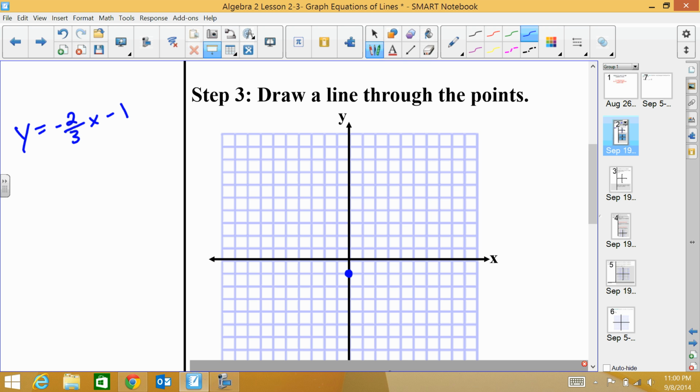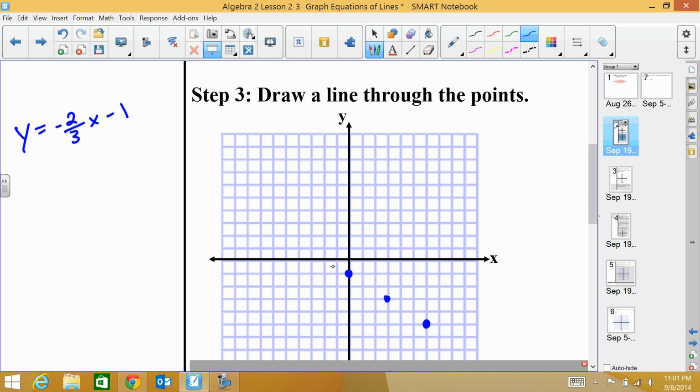Okay, then we're going to do our slope, which is the rise over run. So because it's negative, our rise is down. And then we're going to go right 3. So we're going to start here and we're going to go down 2 and right 3 and plot our point. And we can do that again, down 2, right 3.